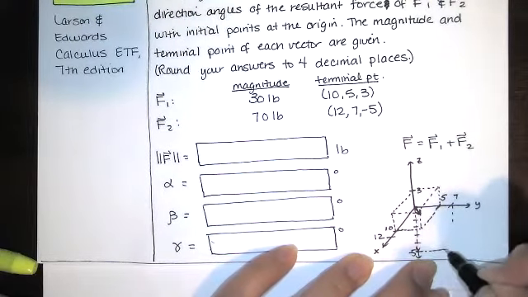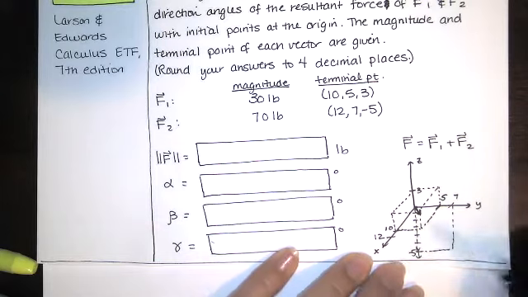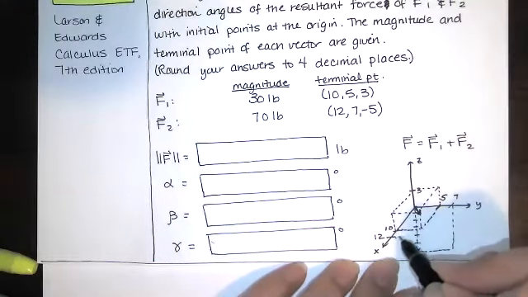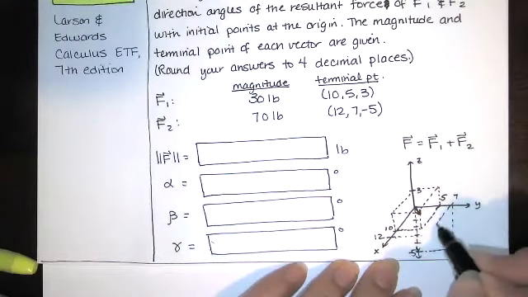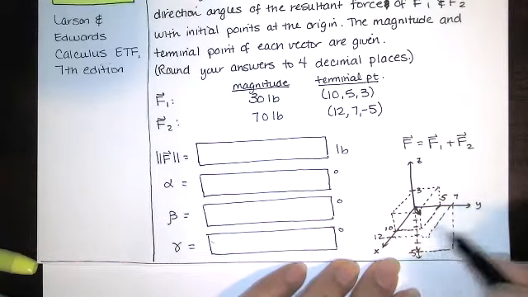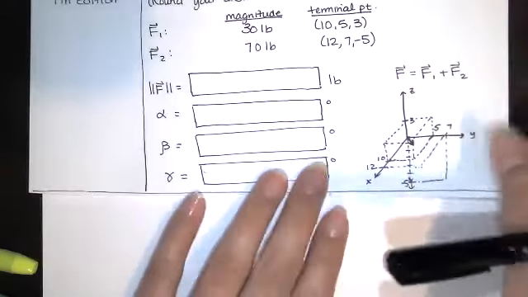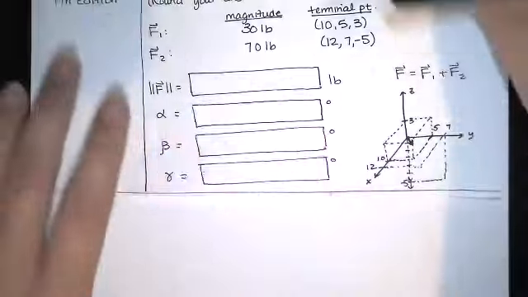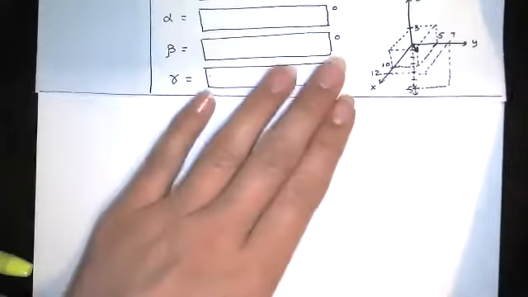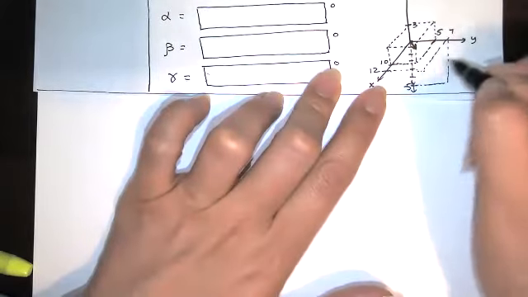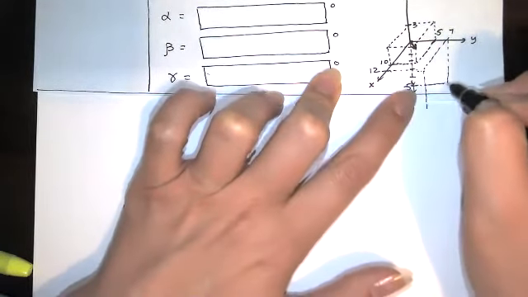I'm still drawing a rectangular box, but this is below the XY plane this time. And because I cut my piece of paper, we're not going to be able to see the whole thing. I have to extend like this.